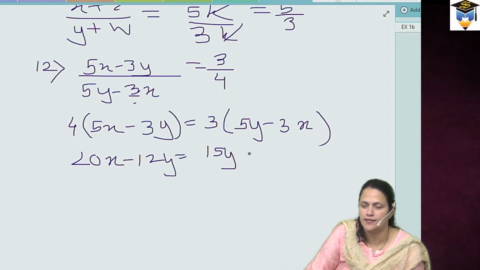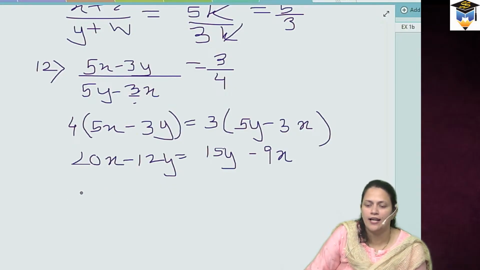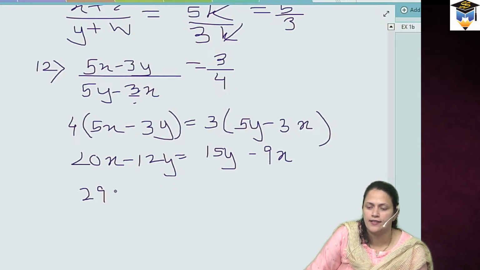15y minus 9x. So take x on the left hand side and y on the right hand side.